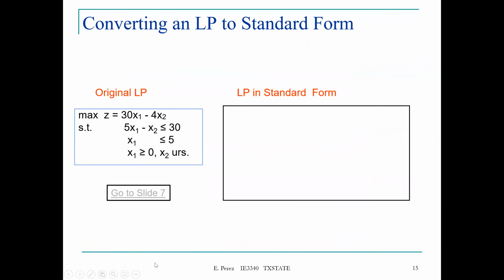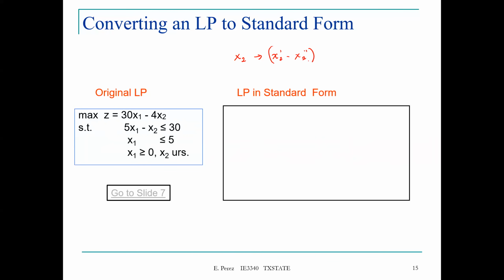So if we go back here, converting this into standard form, we are going to do the following substitution. So x2 now is going to be transformed to x2 prime minus x2 double prime.